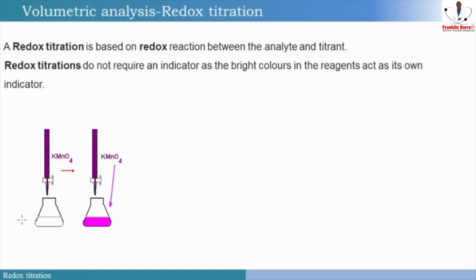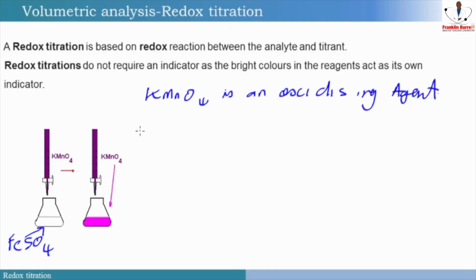So in this case, let's say we have iron 2 sulfate as our analyte, and our titrant is potassium permanganate. KMnO4 is your oxidizing agent, and iron 2 sulfate is your reducing agent.